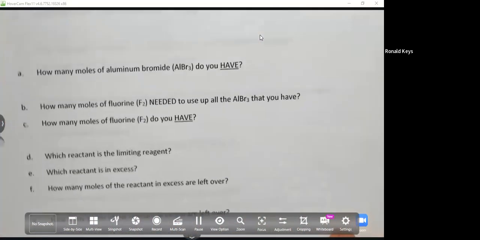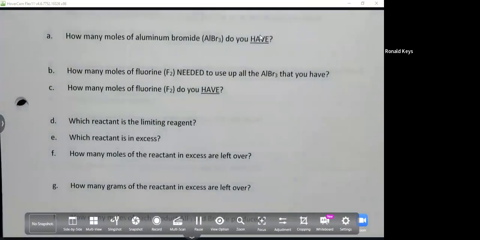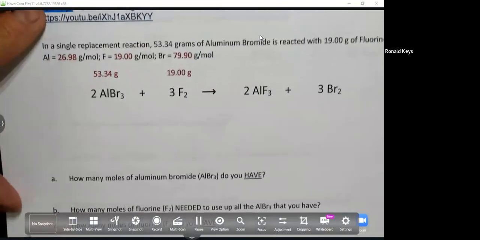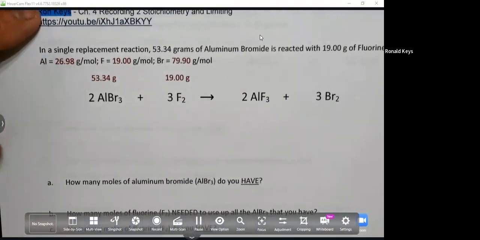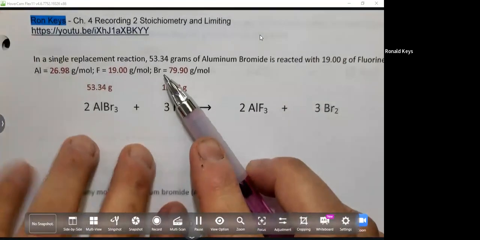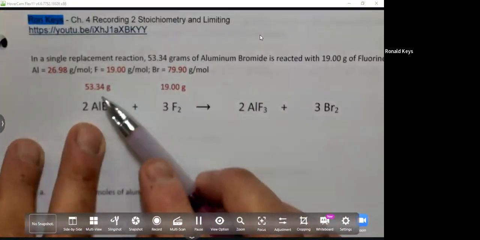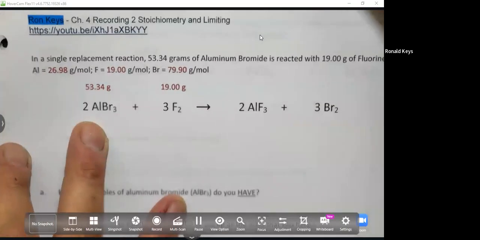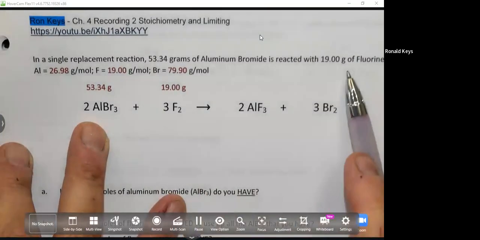All right, the next problem is going to put everything together. Everything. So in a single replacement reaction, 53.34 grams of aluminum bromide is reacted with 19.00 grams of fluorine.